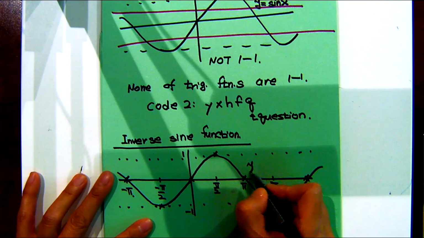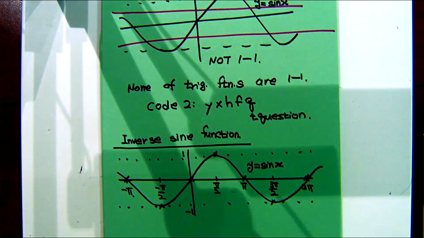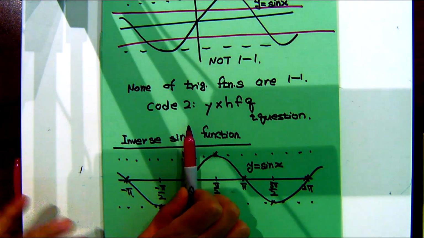This is y equals sine of x. As I said, a sine function is not one-to-one function. So what we do will be, we will limit ourselves to the region where sine function is one-to-one. We always focus on the region where sine function is one-to-one nearby y-axis.